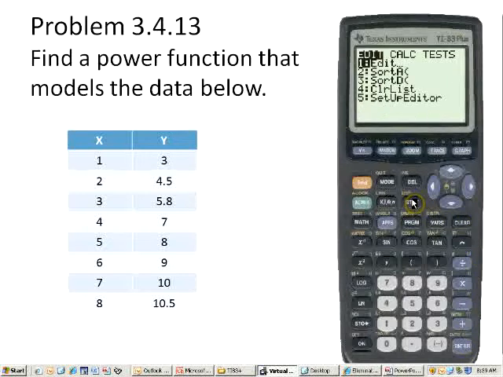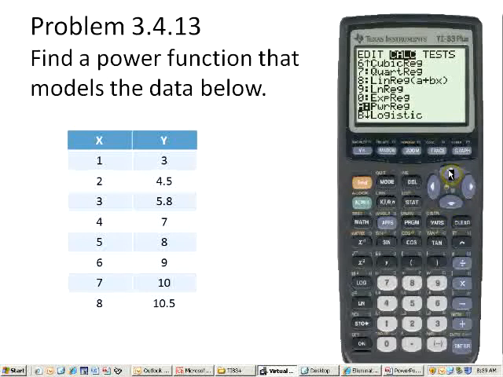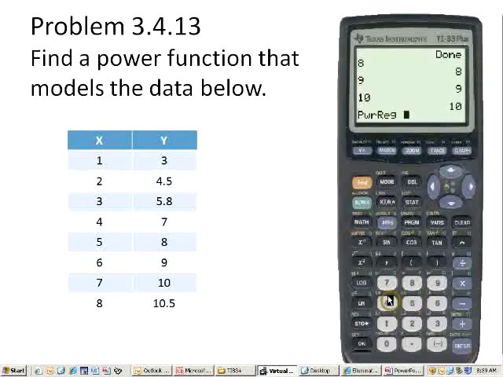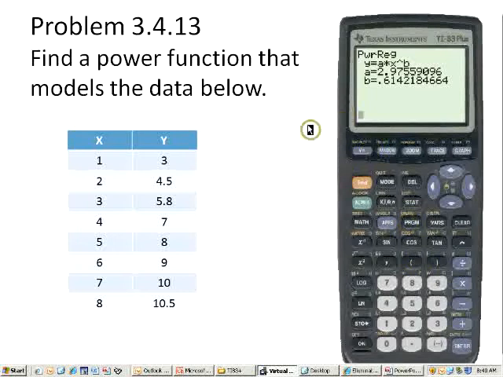There's other things in this line, I got to start over. So I'll go back to Stat, Calc, scrolling down to power regression. And now we'll hit Enter. Now I'm going to tell it where the X list is, so that's second L1. I'm going to tell the calculator where the Y list is, that's second L2, and we'll hit Enter.